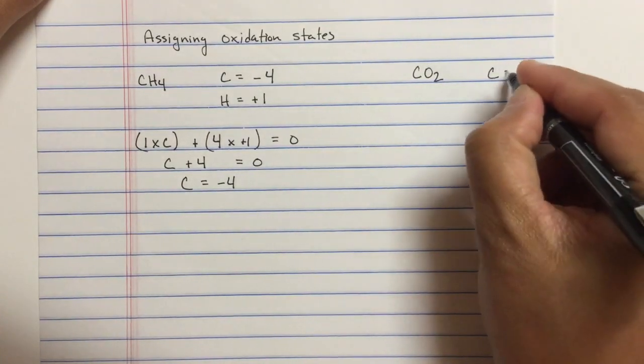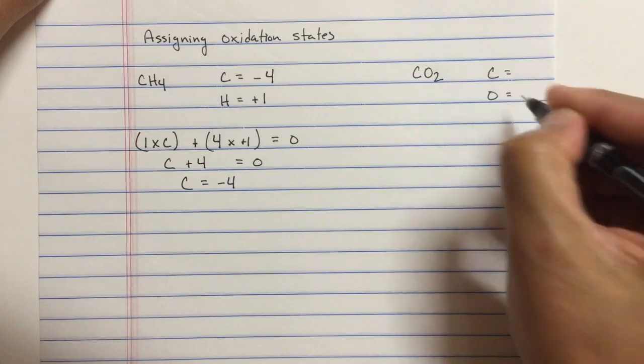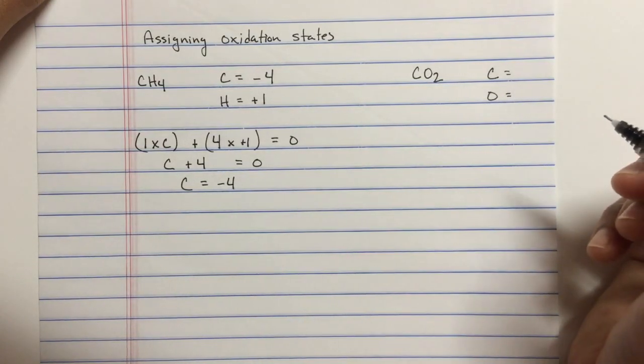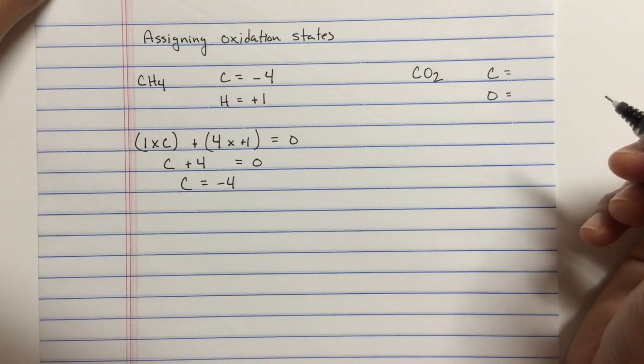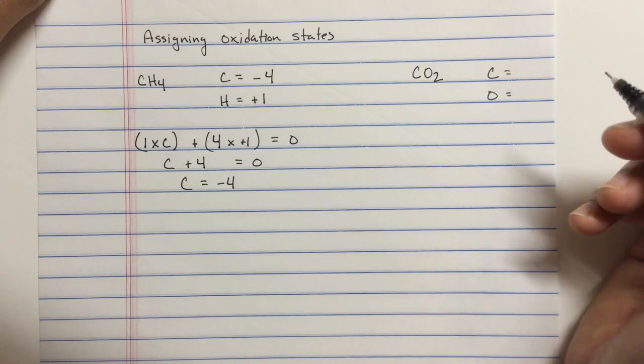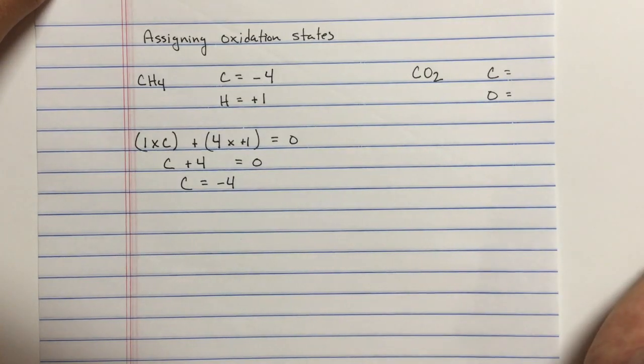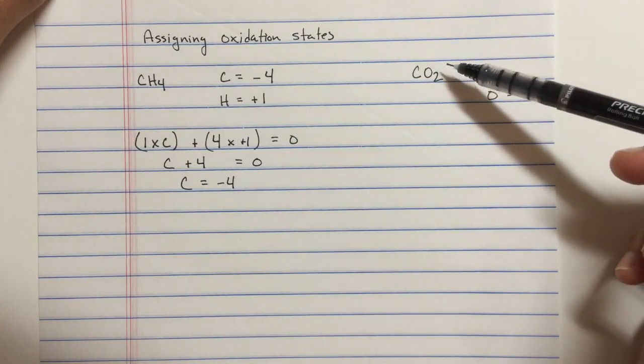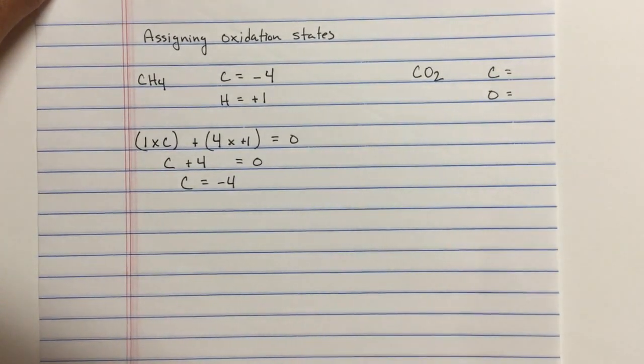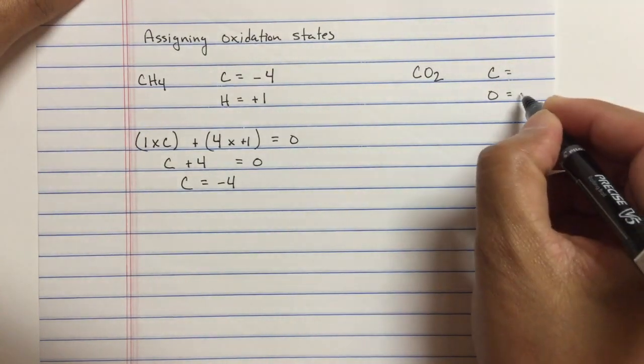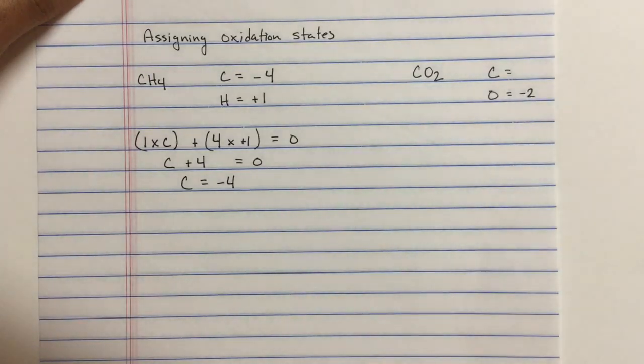There's a carbon atom, and there's an oxygen element. There's 2 oxygen atoms. Again, the sum of the oxidation states should equal the net charge. For carbon dioxide, the net charge is 0. By rule, oxygen is going to be assigned a -2.